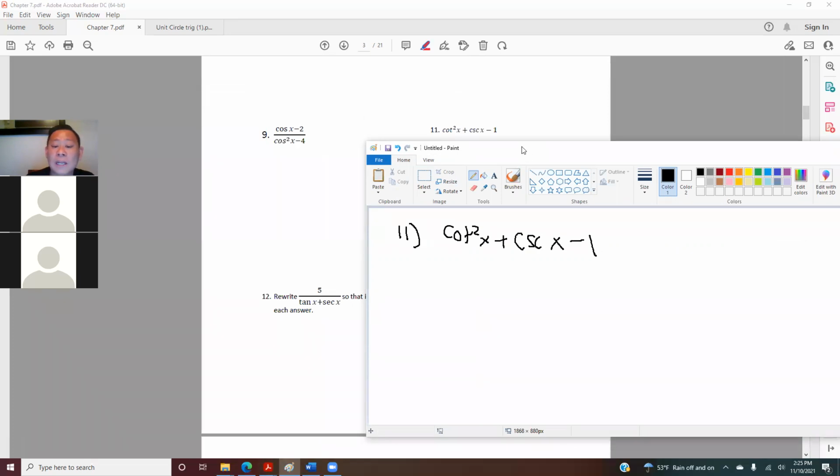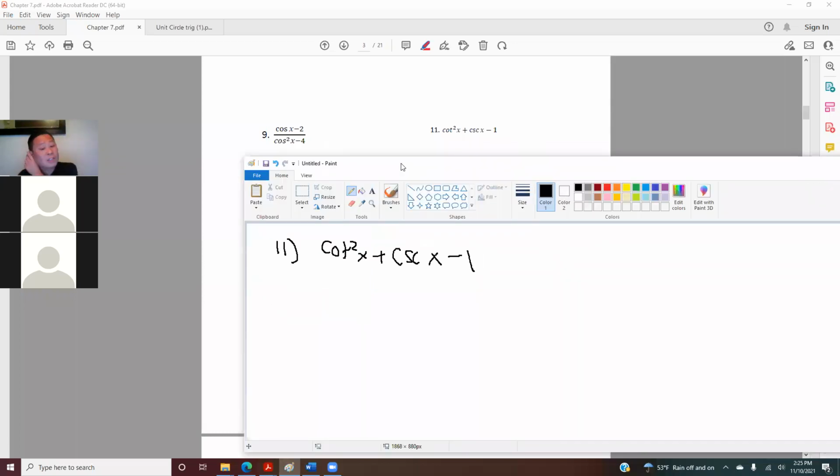So for question 11, you cannot factor this immediately because there are different trigonometric functions. One is in cotangent and one is in cosecant. So we cannot say, oh, let's do like what I just did last time, x squared, blah, blah, blah. We cannot do that. So we have to change everything into the same trigonometric functions.